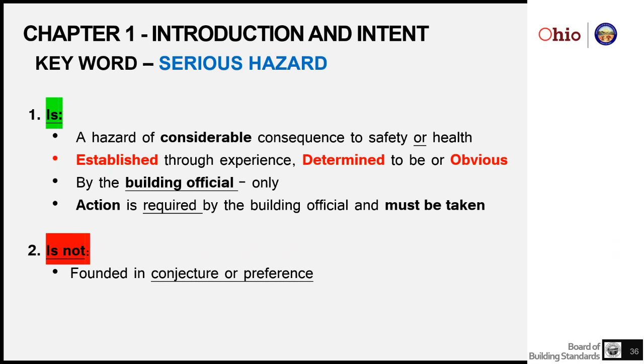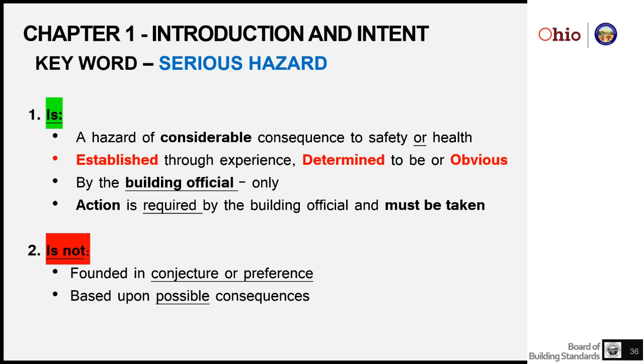Two things about what it is not, and this goes to that considerable consequence or probable. Making that determination on behalf of the building official is not about what they believe or what they prefer, or even if it's possible.